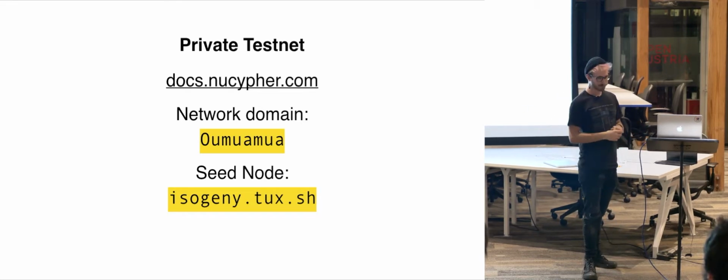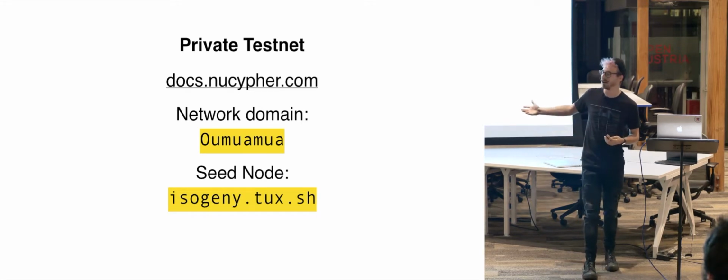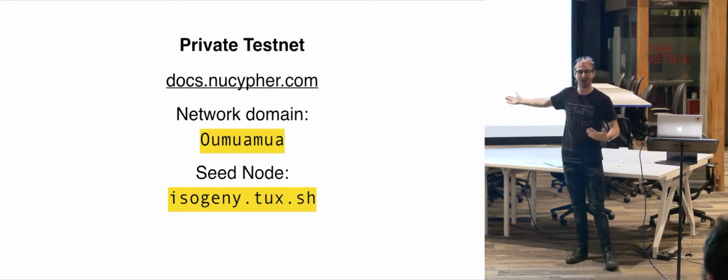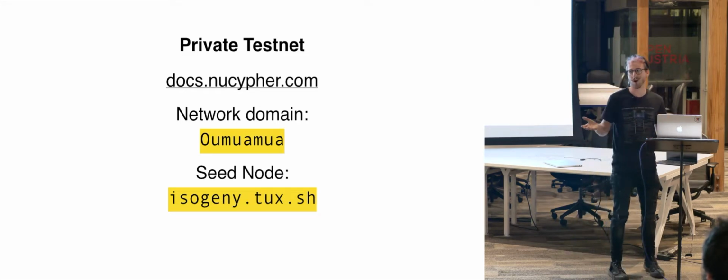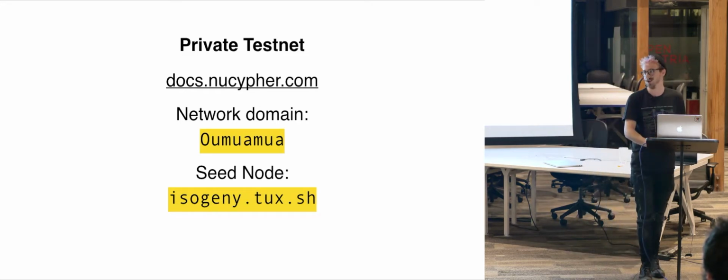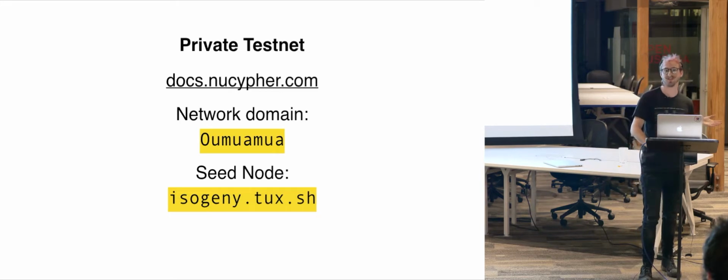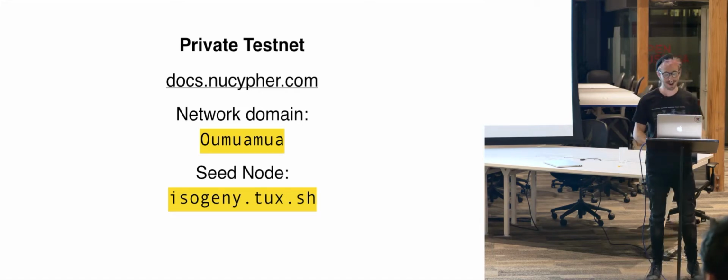Right now, I host a seed node on my domain, isogeny.tux.sh, and this is what I will be demoing. Feel free to use this node as well. I provide it as just a DNS name resolver, so no big deal. Feel free to use it for your own applications, not in production though, just for testing.